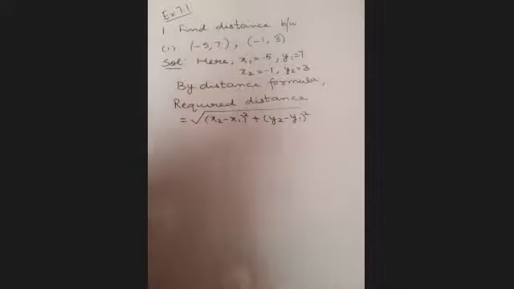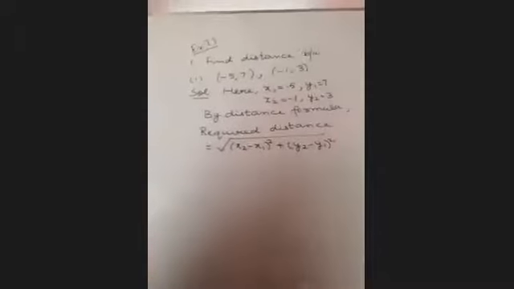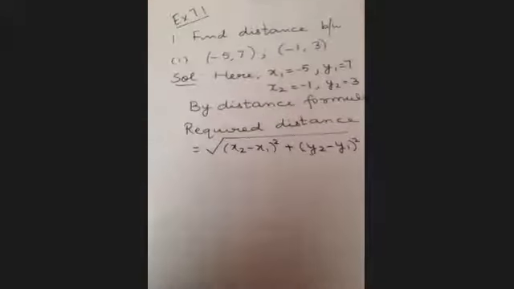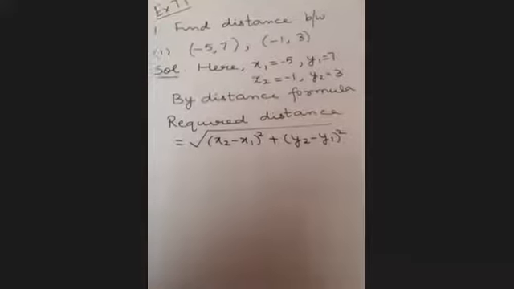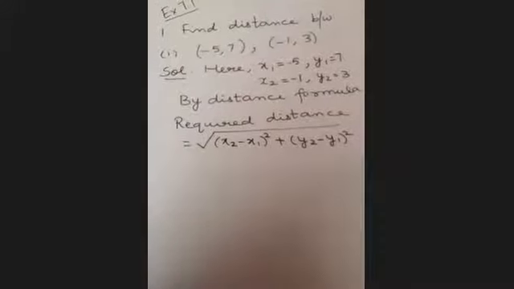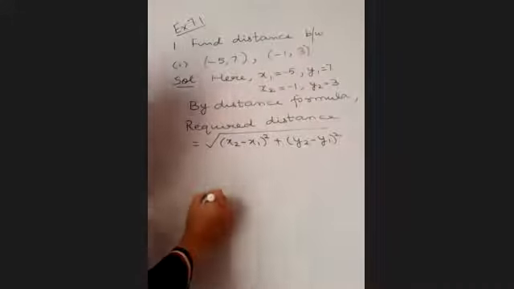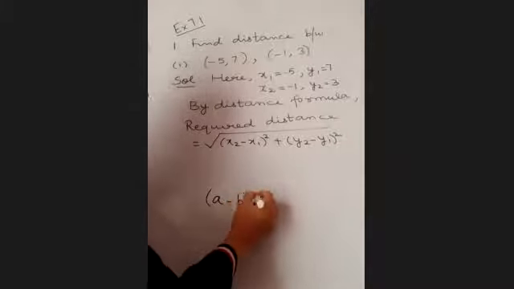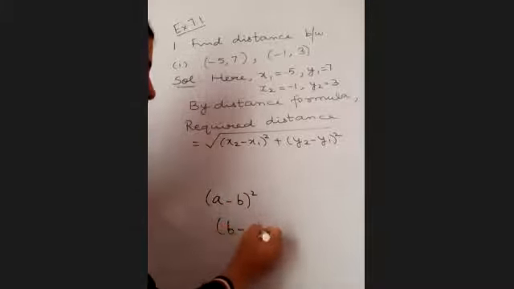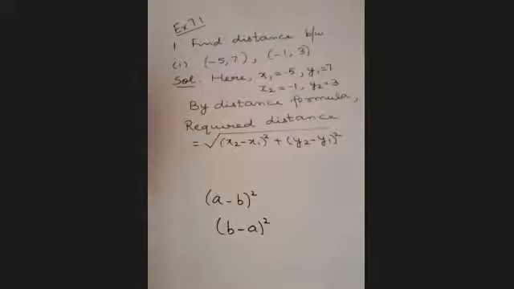Children, one thing. Suppose you get confused in the exam about whether it was x2 minus x1 square or x1 minus x2 square. Please do not bother yourself at all, because we should be knowing that a minus b square and b minus a square both are equal.